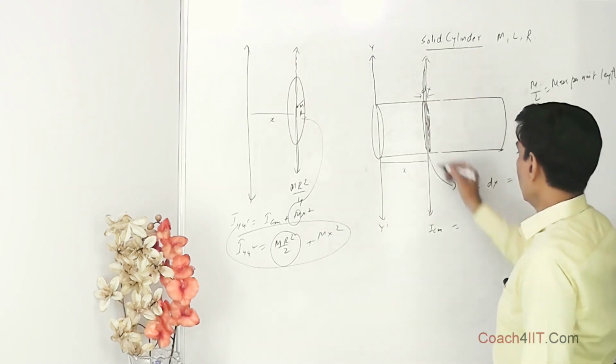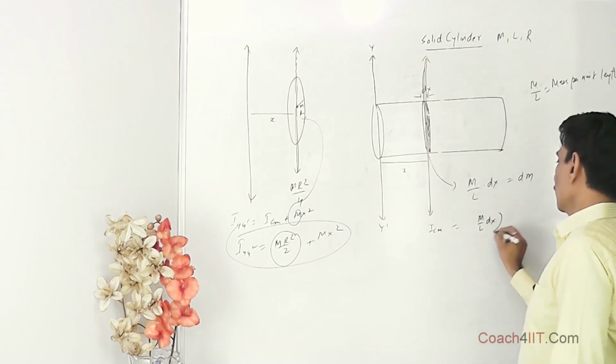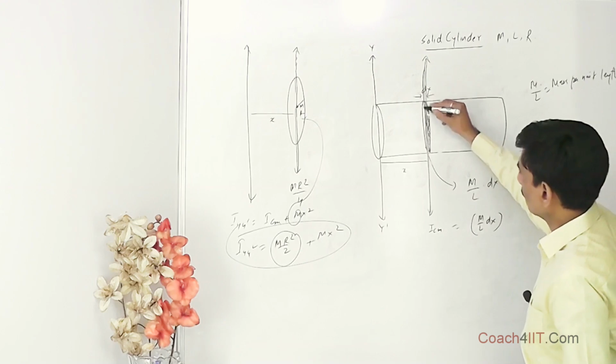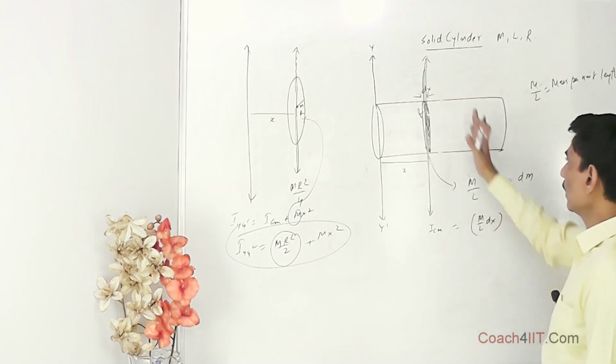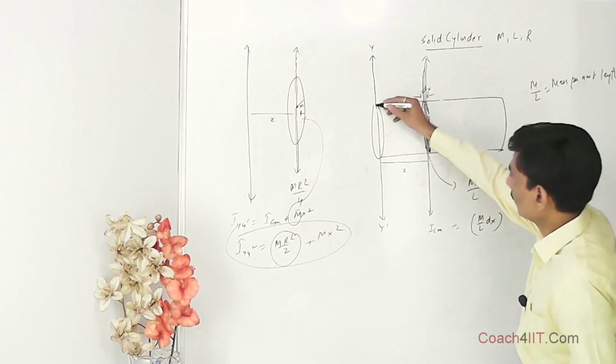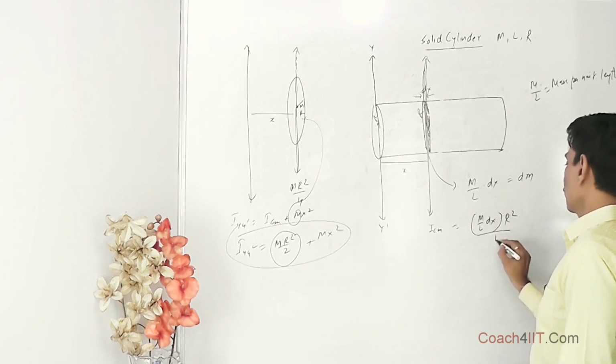So it is going to be dm, that is m by L dx, into r square by 4. The r is the same throughout the cylinder, whether you take the disc over here or over here.